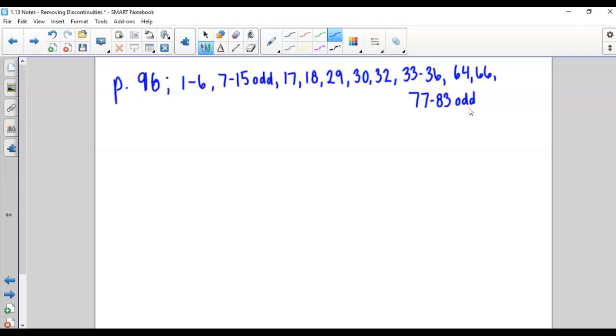You got several one-sided limits. 30 and 32 have graphs. You're looking at continuity on an interval for 33 through 36. 64 and 66 are going to be removing the discontinuities. And 77 through 83 odd, those are just telling where your discontinuities are at.